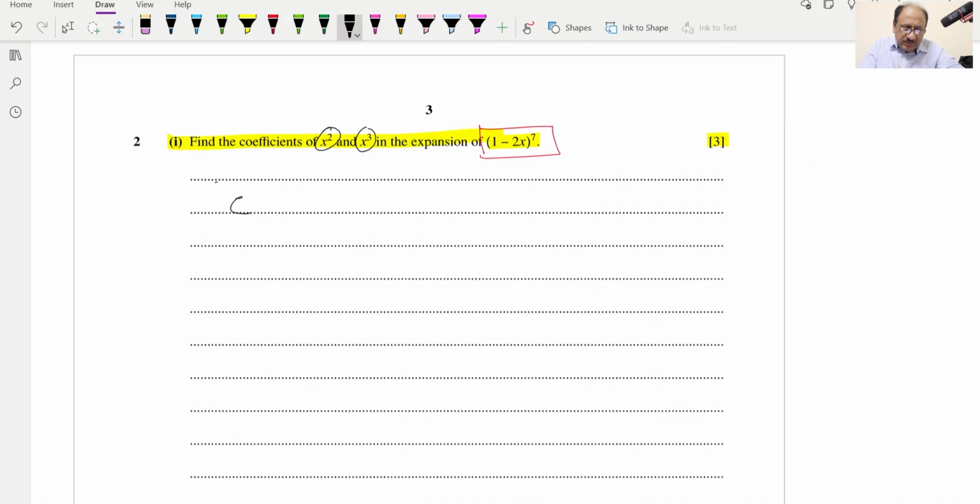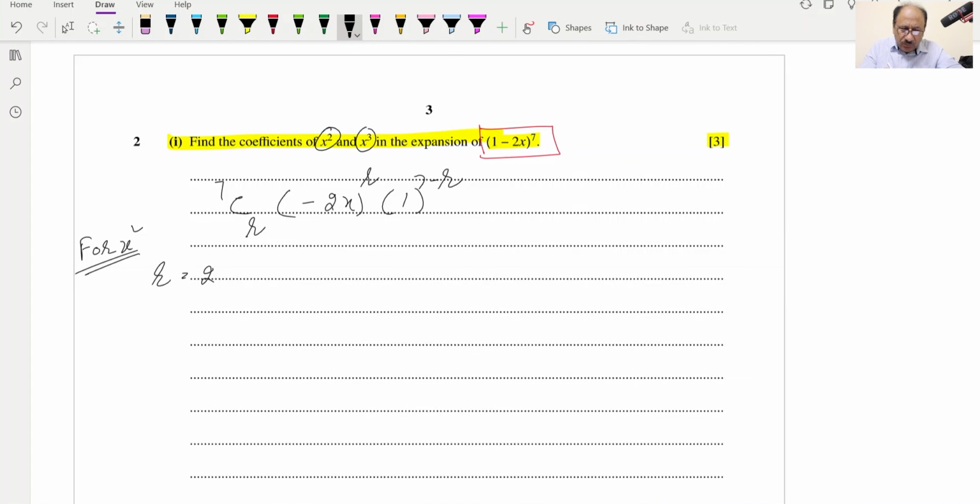We require x squared and x cubed, so we can use the technique 7Cr, (minus 2x) raised to the power r, and 1 raised to the power 7 minus r. For x squared, we take r equal to 2.